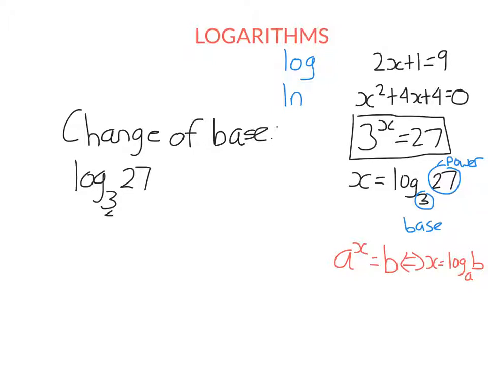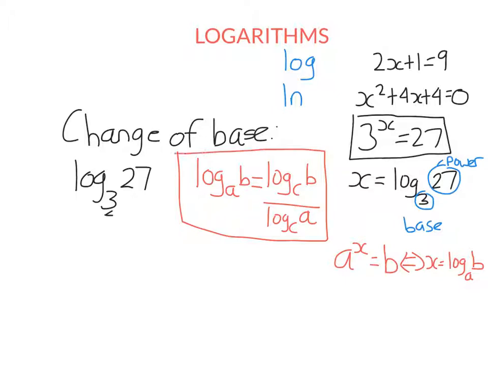So the formula you need to use is log, let's say, a of b. I want to change it to have another base. Say c is the new base. So it equals log base c of the power on top over log base c of the original base on the bottom. So that is the change of base formula.